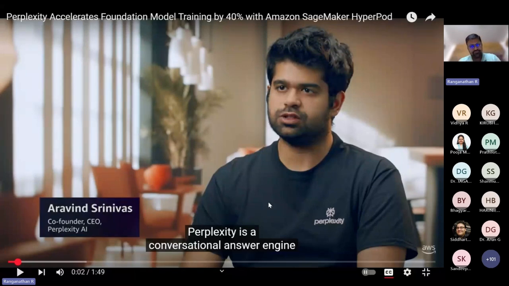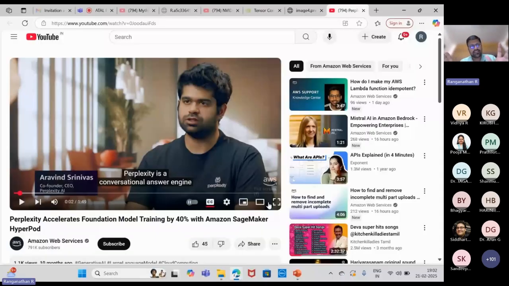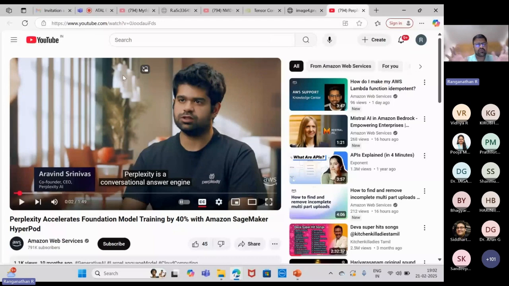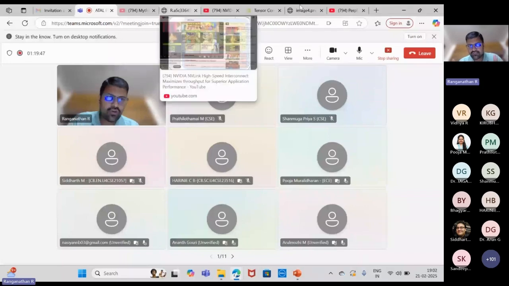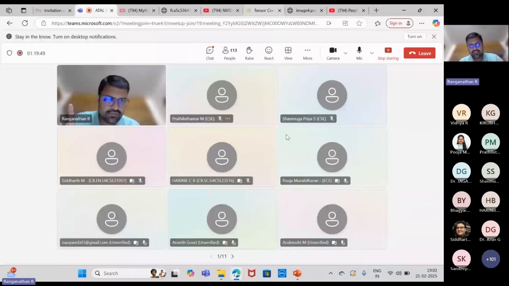So I'm sure some of you here would have used Perplexity. Anyone here who has used Perplexity in day-to-day work, can you show a thumbs up emoticon? Have you guys used Perplexity? Any of you who use Perplexity, just give me a thumbs up. Just send a message or something.